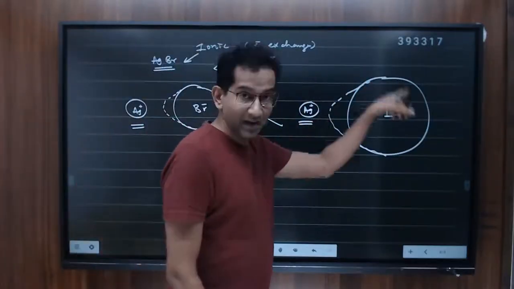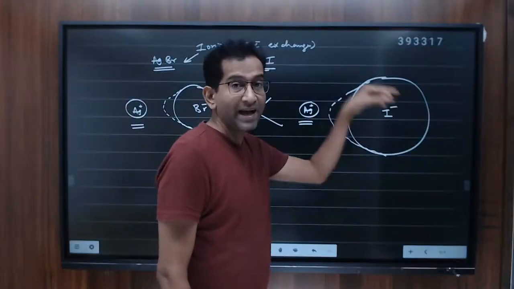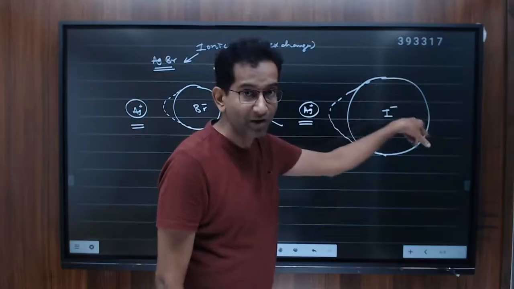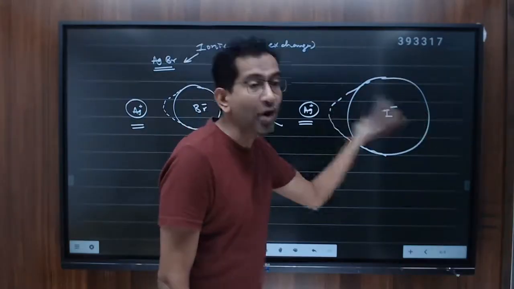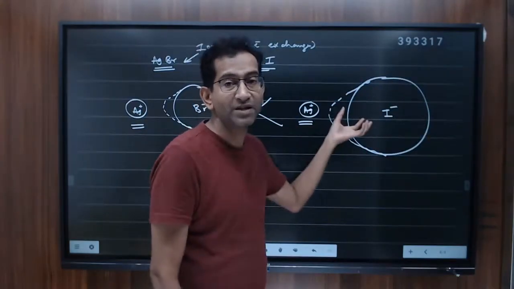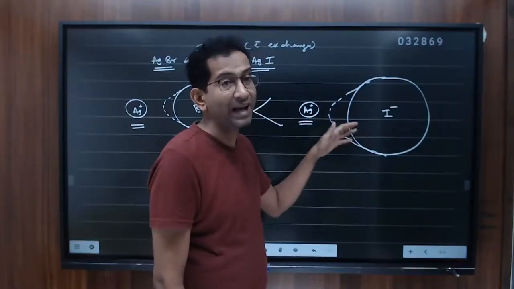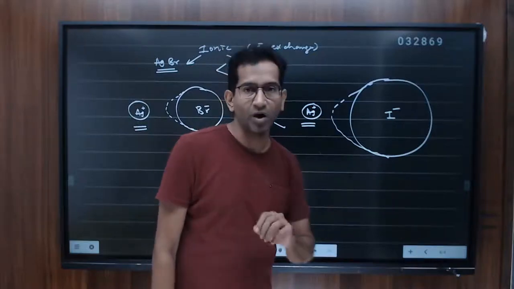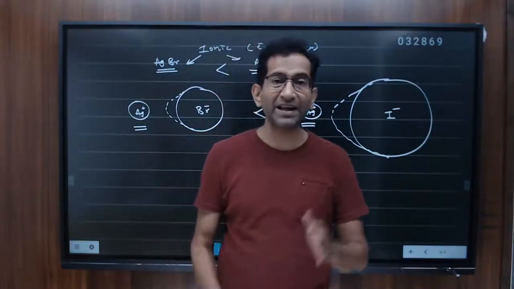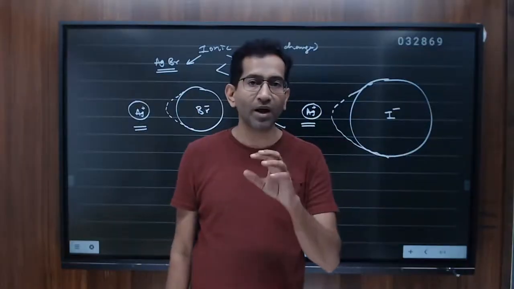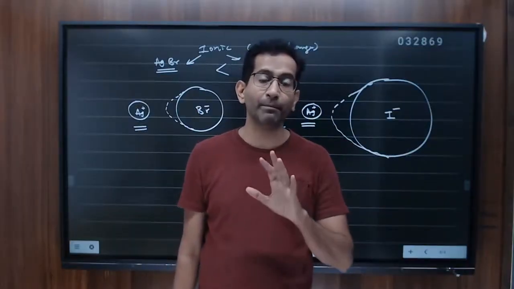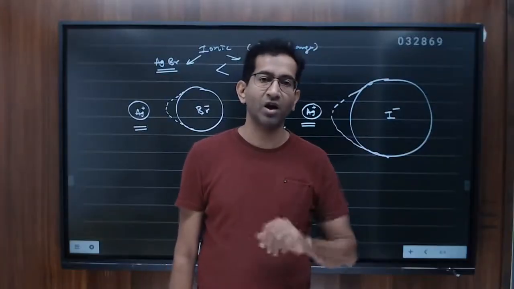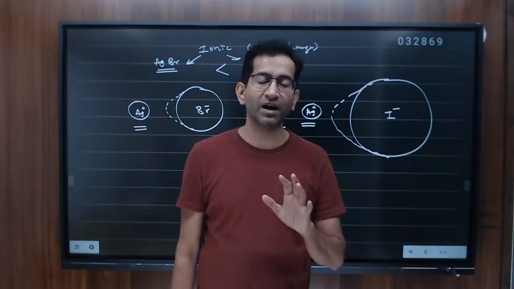I- being large in size has less sufficient attraction over the electron cloud on its boundary, so it will have to allow this Ag+ ion to pull its electron cloud. And if it is allowing, it shows that it has more polarization. Means if your anion is large in size, polarization will occur better. And if your anion is small in size, polarization occurs a little less.